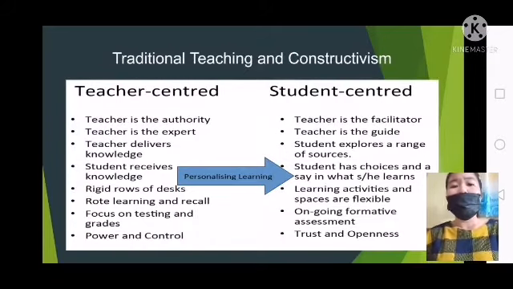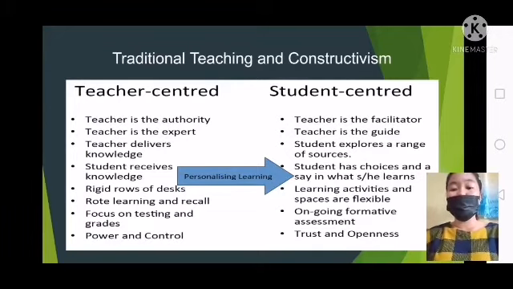Now, what are the differences between traditional teaching and constructivism? Traditional teaching is teacher-centered. The teacher is the authority, the teacher is the expert, the teacher delivers knowledge, and students only receive the knowledge, in rigid rows of desks, and so on.